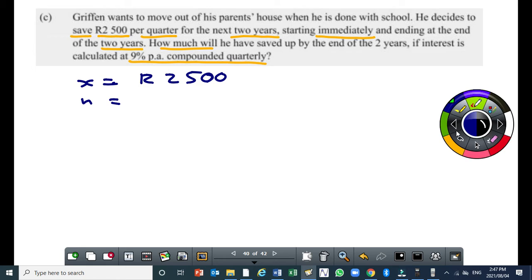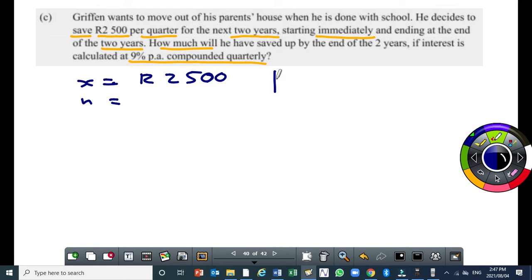So if I do a timeline, we have 2 years, but the interest is compounded quarterly. So the total number of ends is not 8, but it's going to be 9. At the end here, I put T8 because 2 years times 4 quarters gives you 8.